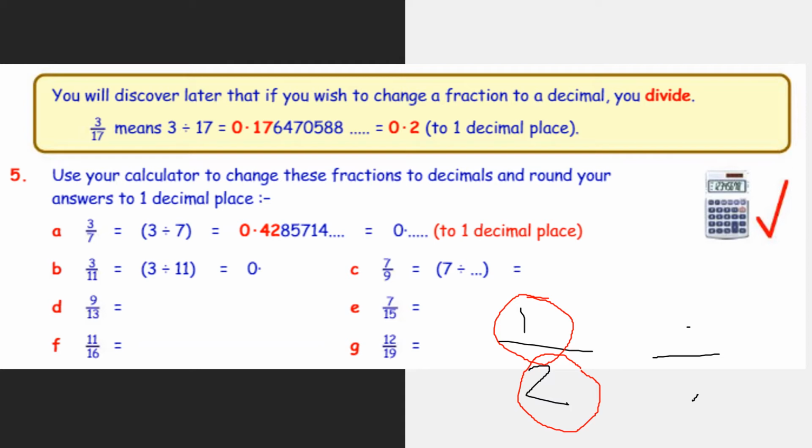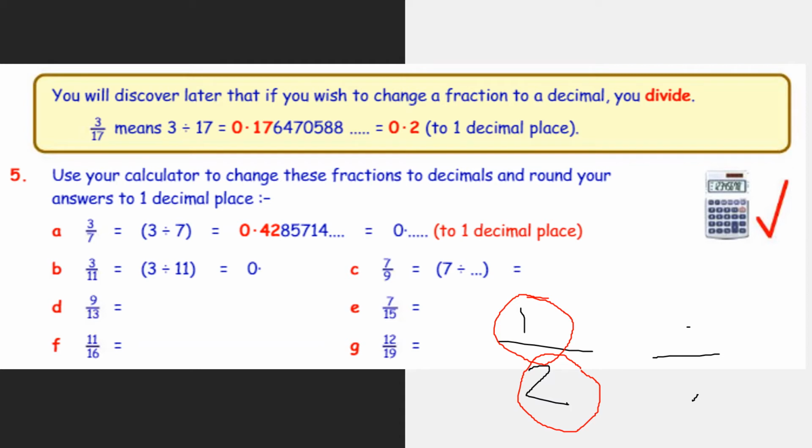3/7 equals 3 divided by 7 equals 0.425 and so on, and to one decimal place that would be 0.4, because we would round it down.